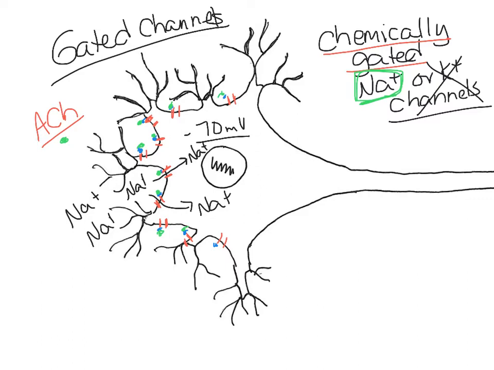Now we have additional channels being opened, these chemically gated sodium channels. Something caused acetylcholine to be released out into the extracellular fluid, and now acetylcholine has bound to the chemically gated sodium channel. Sodium starts to come into the cell.